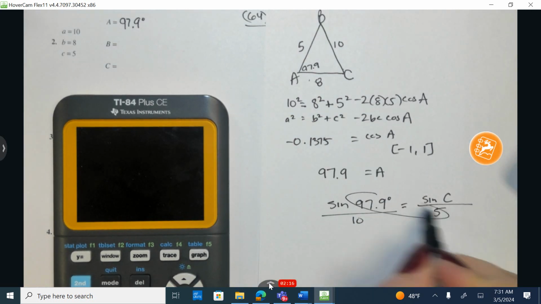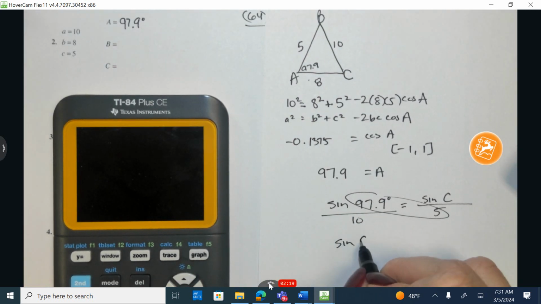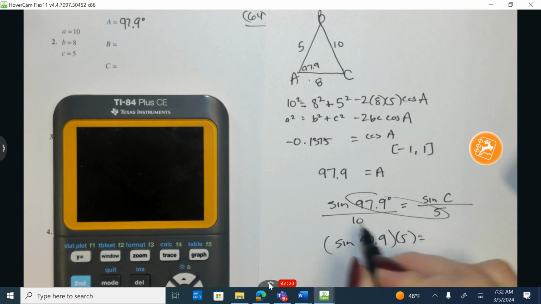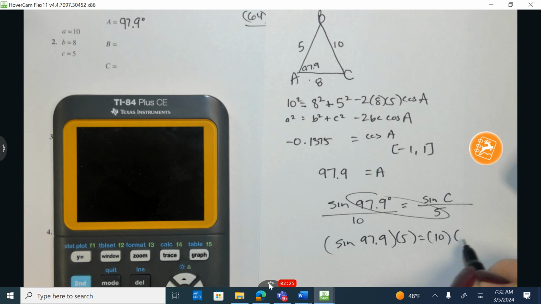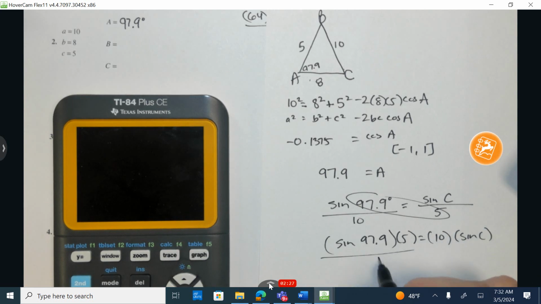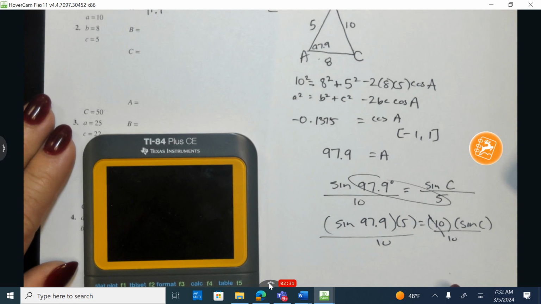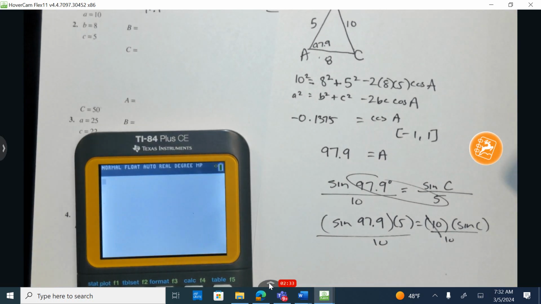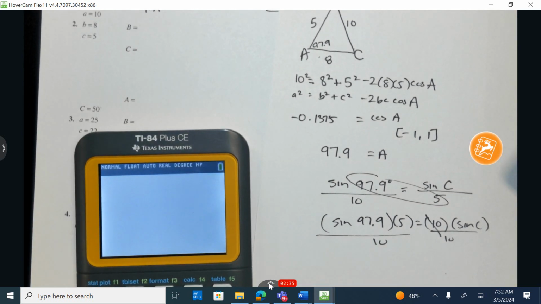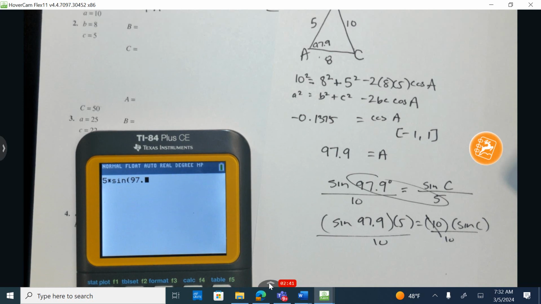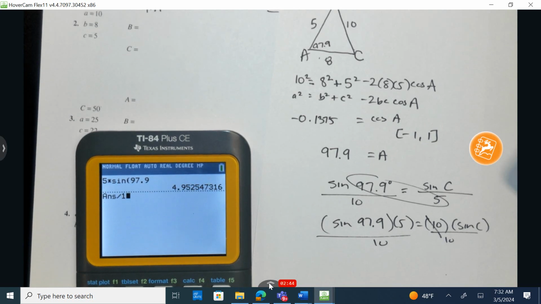Okay, I'm going to cross multiply this amount. So the sine of 97.9 times 5 equals 10 times the sine of c. Divide by 10. And let's plug this in. Okay, so right now I have the sine of 97.9 times 5, and I'm going to divide it by 10.